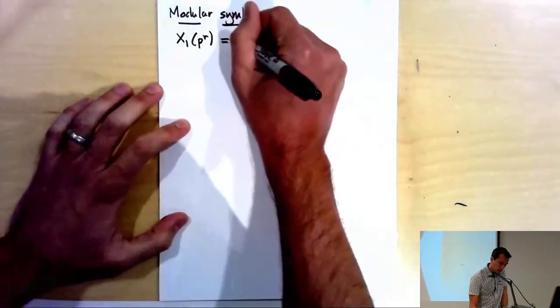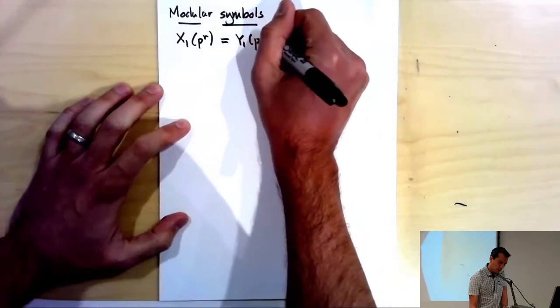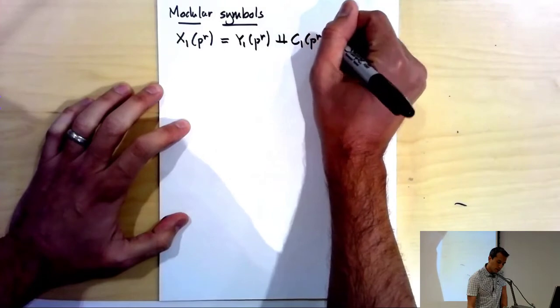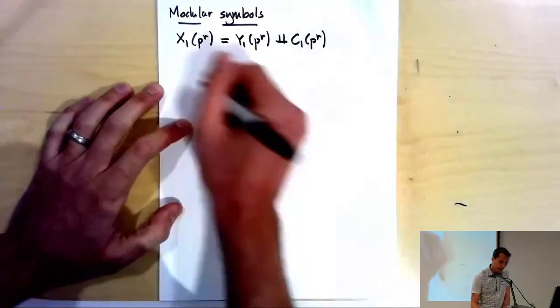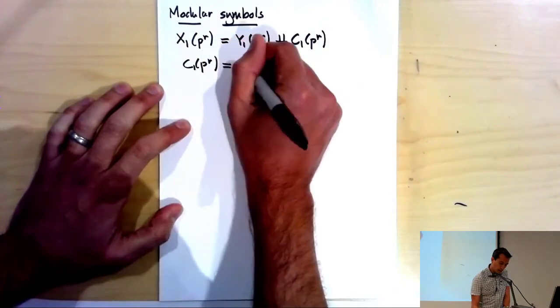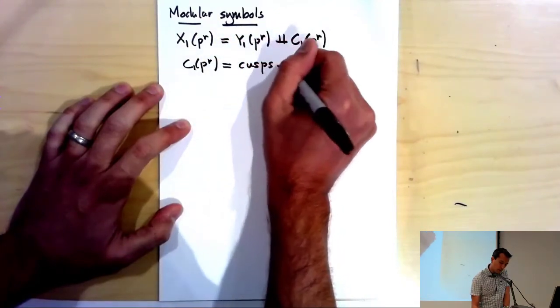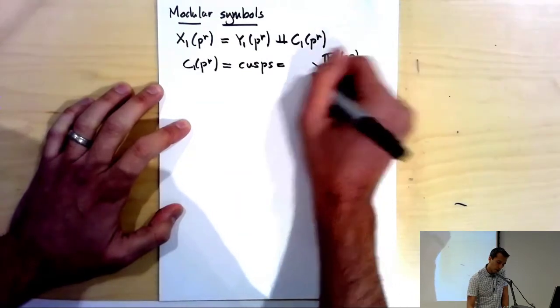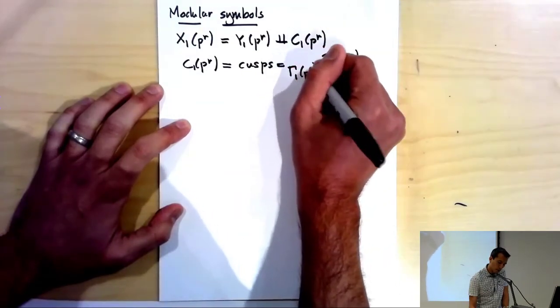Of course, it's the union of the modular curve Y_1(p^r) and the cusps. I'll call that C_1(p^r). And so C_1(p^r), of course, is the cusps, which is P^1(Q), or Q union infinity, modulo the congruence subgroup Gamma_1(p^r).